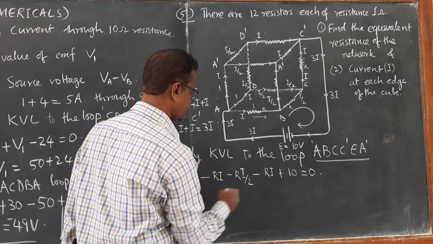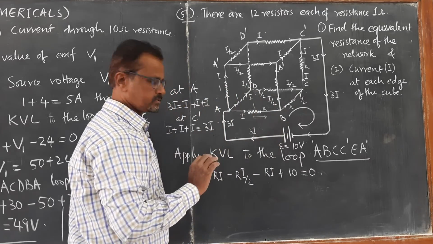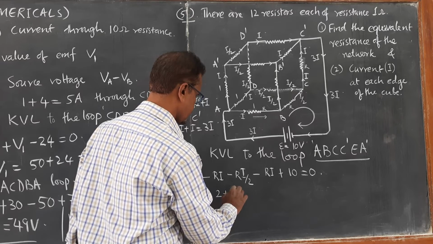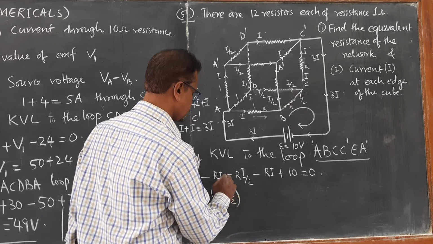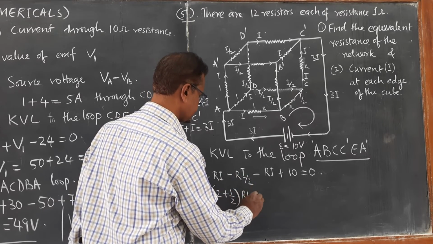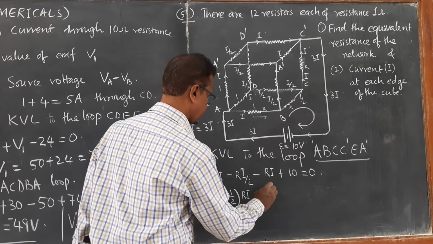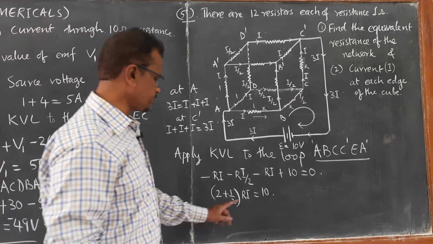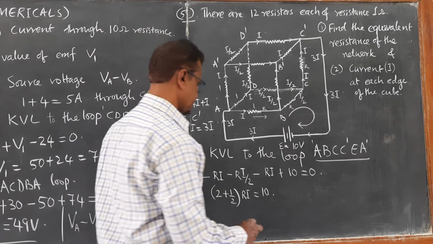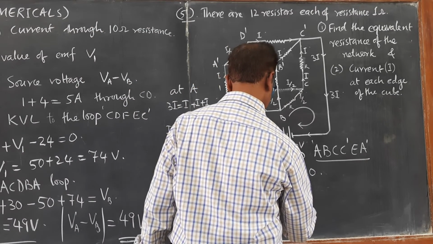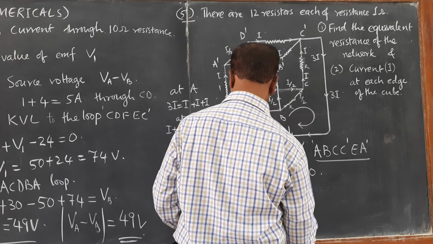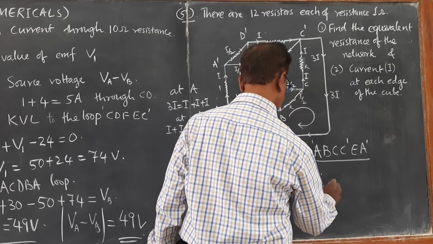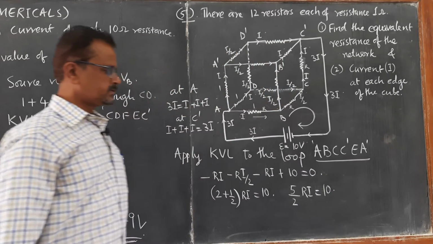So take this 10 on the other side. So negative can be cancelled throughout. So that is 2 plus 1 by 2, 2 plus 1 by 2 Ri becomes equal to 10. So this becomes 5 by 2 Ri equal to 10 volts, right.